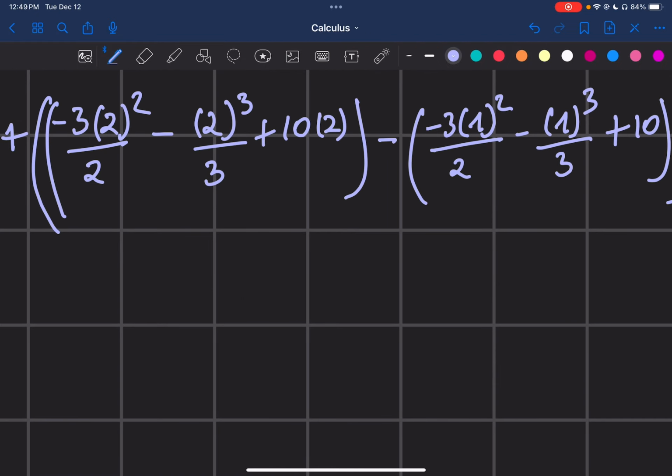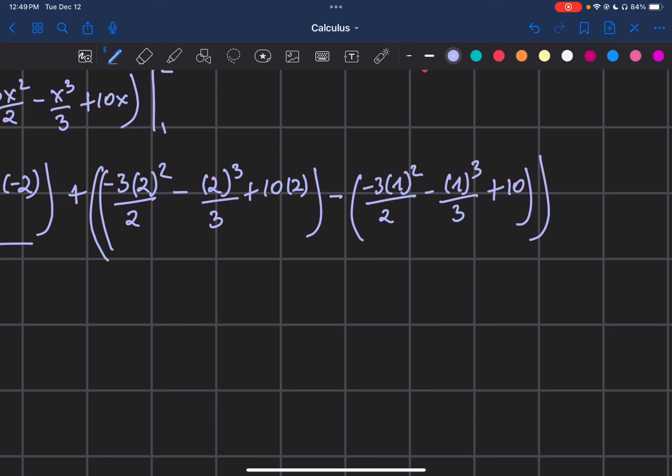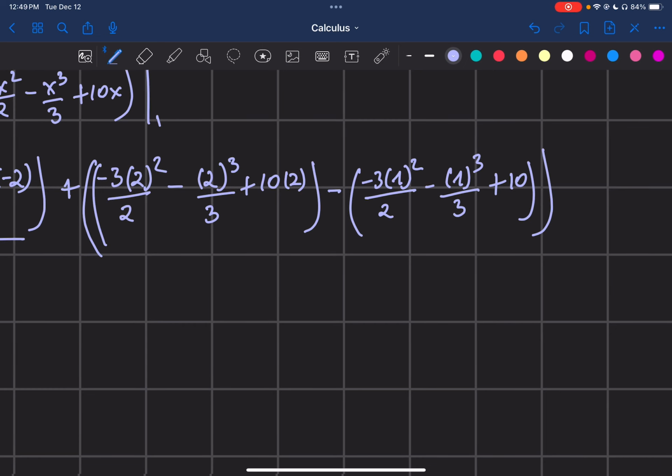But now I have -3 times, okay, -3 times 2 squared divided by 2, minus 2 cubed, to the power of 3 basically, divided by 3 plus 10 times 2. Okay.